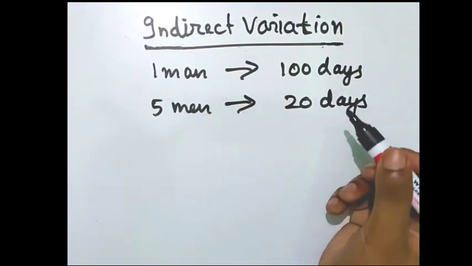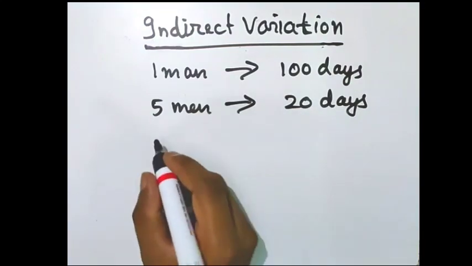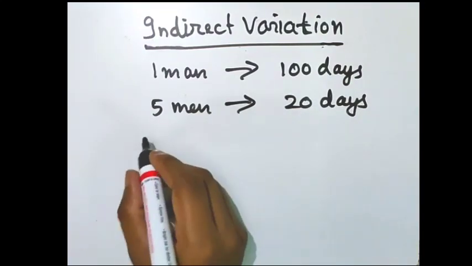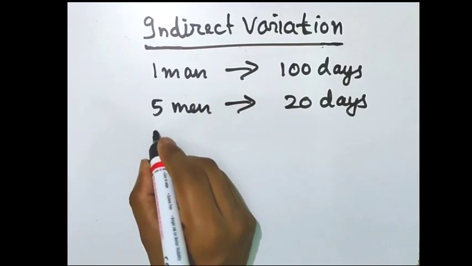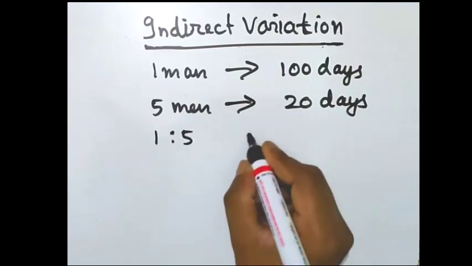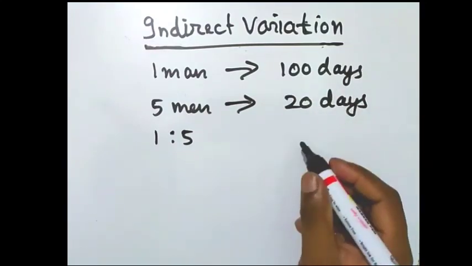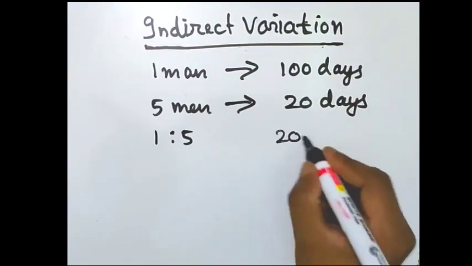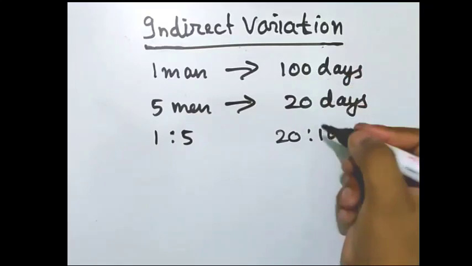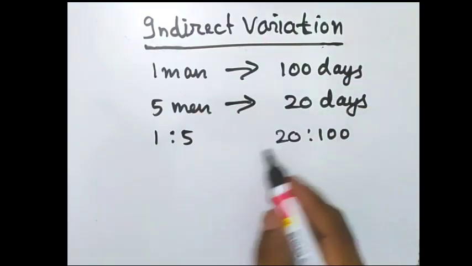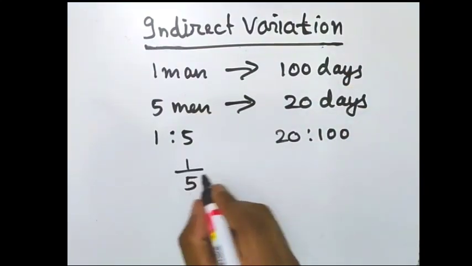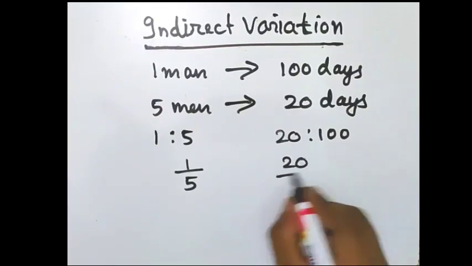So according to the inverse relation, the ratio of the two values of x will be 1:5, and the ratio of the inverse of the two values of y will be 20:100, right? The inverse. So let's write this in fraction: 1/5 will be 20/100.